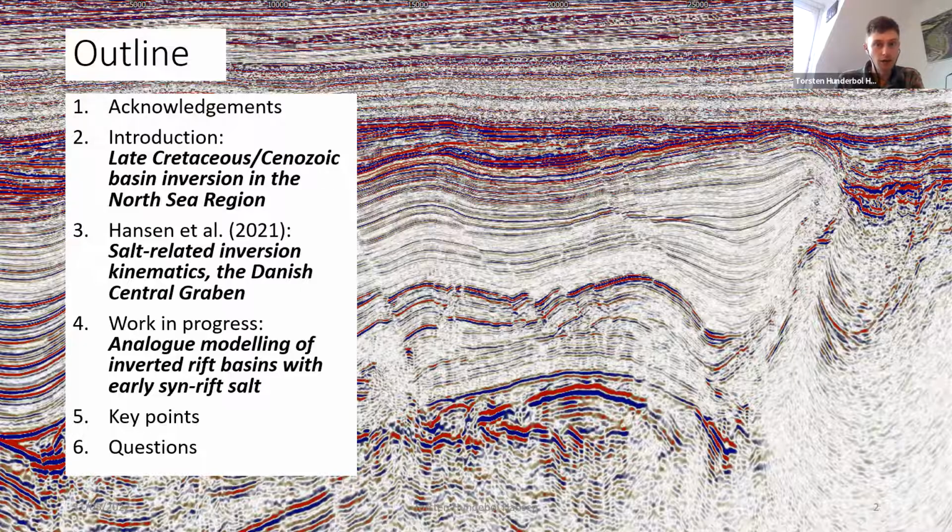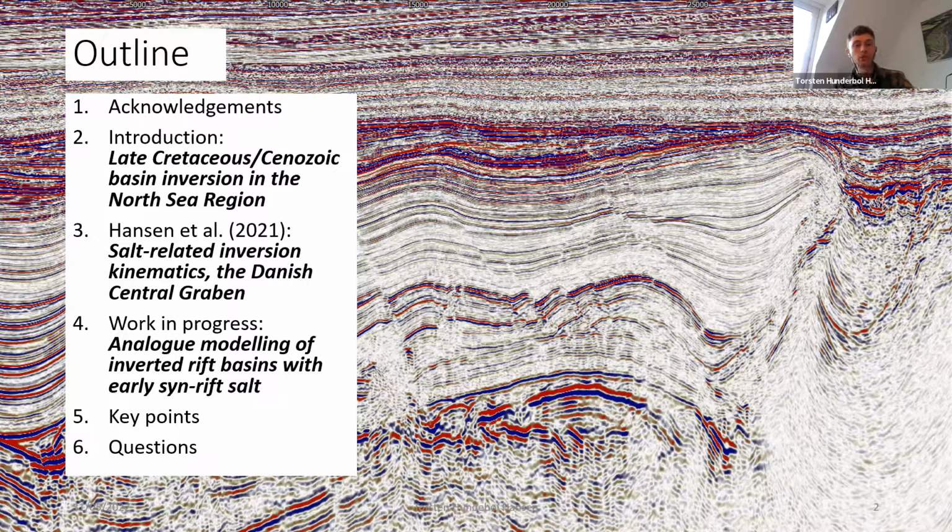So yeah, here's the outline for what I'm gonna tell you about. I'm gonna get the acknowledgements out of the way in a moment, and then I'm gonna give you a brief introduction to inversion, basin inversion, and the basin inversion that happened in the late Cretaceous and Cenozoic in the northwestern European region, so around the North Sea.